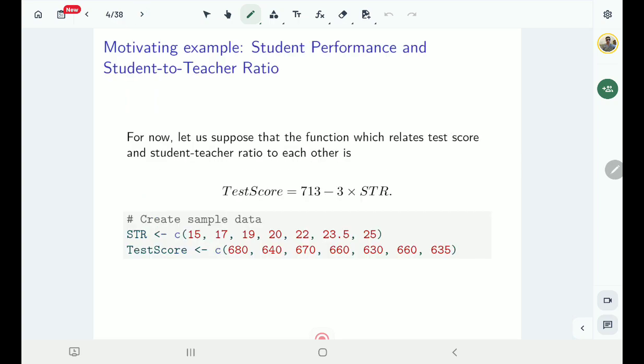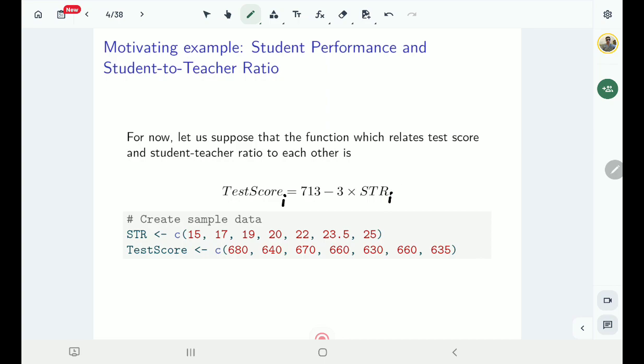Now let's start with a motivating example. Let's suppose that the student performance in any class or in any school is a perfect linear function of the student to teacher ratio. Okay, in each class we have, let's think of schools.